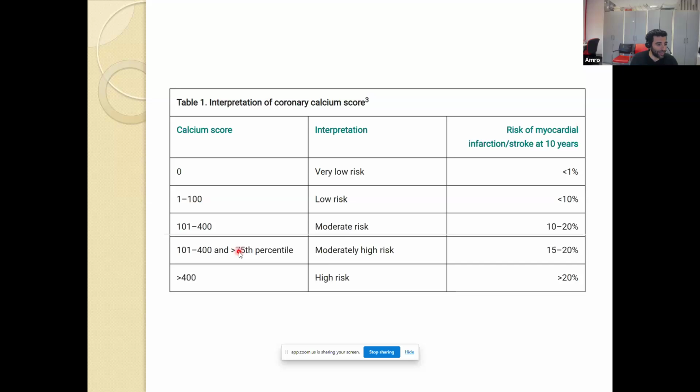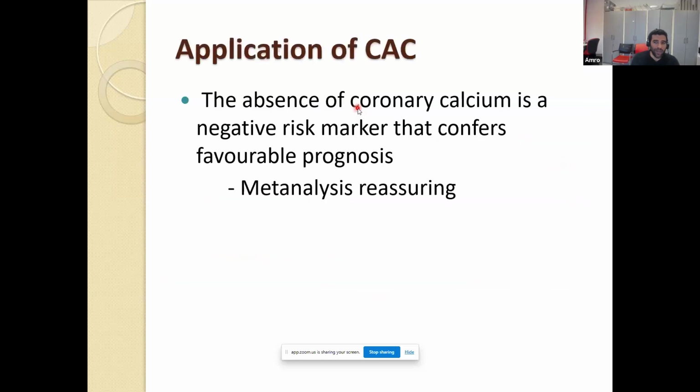If you're 73 and you've got a calcium score of 300, that might be probably normal for your age. And obviously, more than 400 is very high risk. So we can now start stratifying people into their risk far better than just using those simple risk equations. So what can we actually conclude from a calcium score?